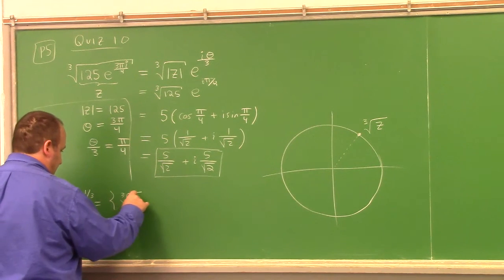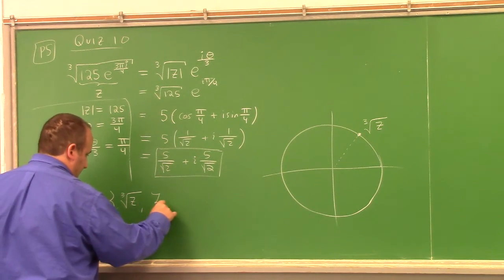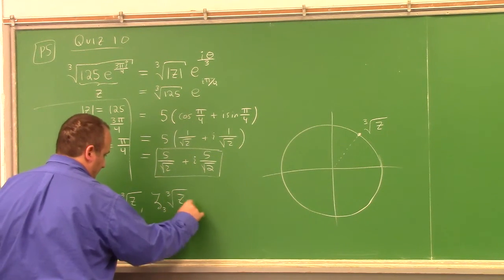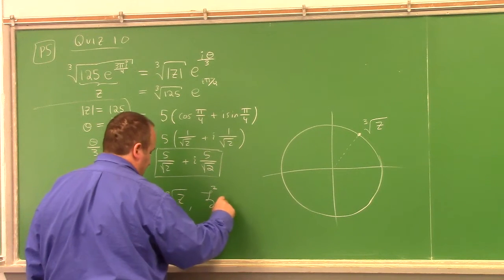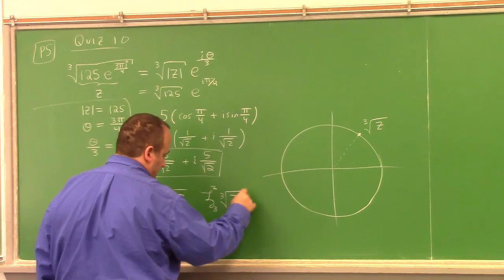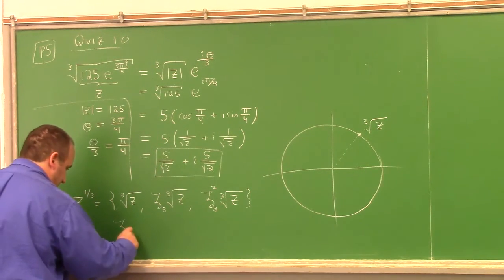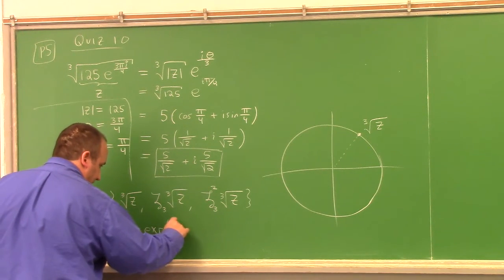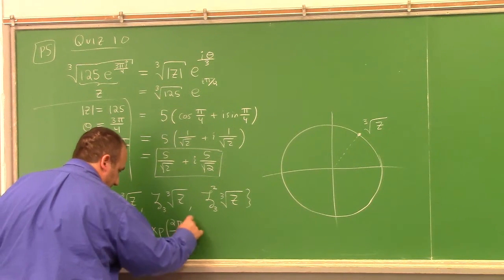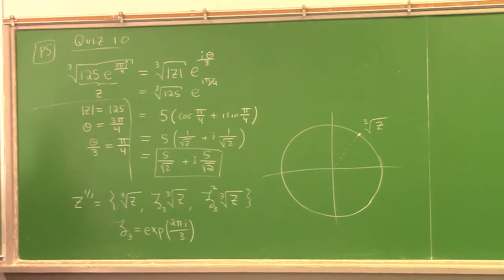The first one is the principal third root. The second one is the third root of unity times the principal third root. And the third one is the third root of unity squared times the principal third root of z. Now here, this funny looking zeta 3 thing is the exponential of 2 pi i over 3 by definition. And that is just a rotation by 120 degrees.